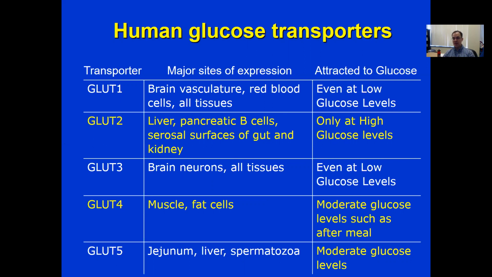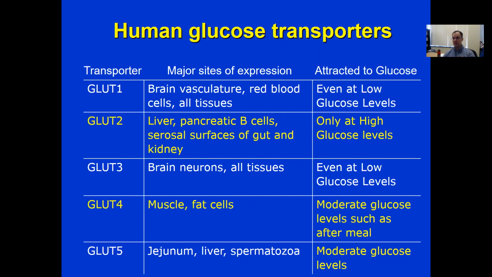Contrast that where only at high levels will the liver, and at moderate levels will the skeletal muscle, be receiving glucose. Well, this tiering system ensures that only when glucose levels are high or moderate will these tissues get it, but even at low levels, it ensures that the brain through GLUT1 is going to be receiving glucose to ensure that our body can function.